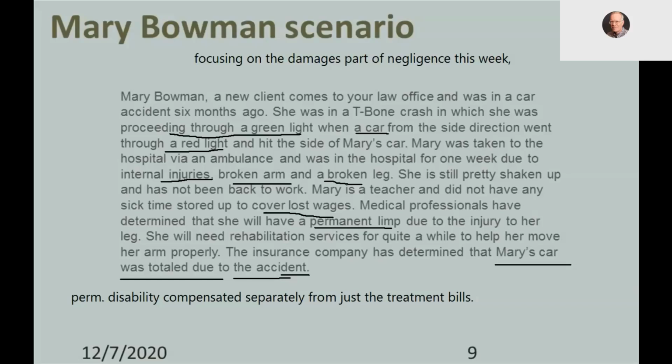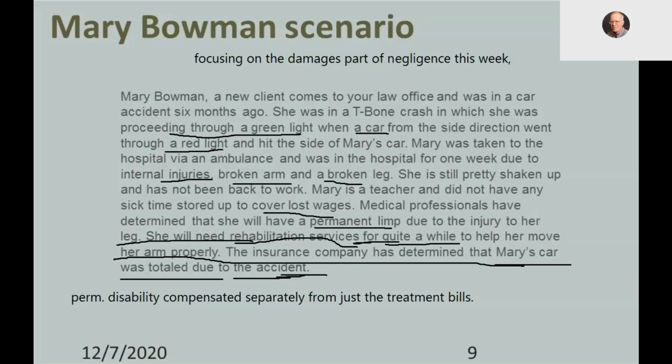But rehabilitation services, this is a little difficult because it says quite a while. Right. We don't know if first-party insurance is going to cover it or if she'll have to use third-party. First-party would be Mary's insurance, or whether she's going to have to try to get some of that through underinsured or uninsured from the other side and so on.